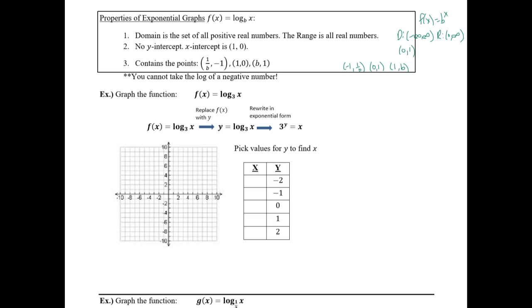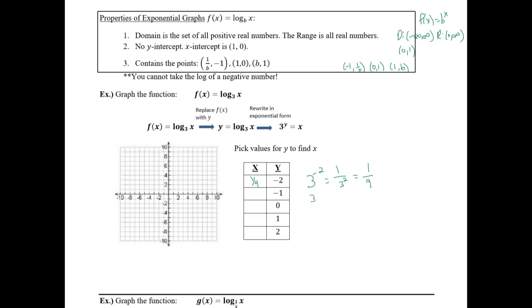I have picked some points here for us: negative 2, negative 1, 0, 1, and 2. Let's plug those in. 3 to the negative 2 power is 1 over 3 squared. The negative takes the reciprocal. That's 1 over 9. So you get 1/9.